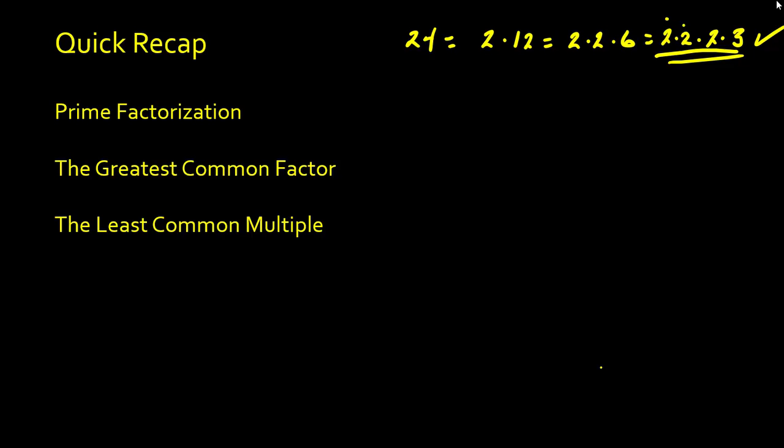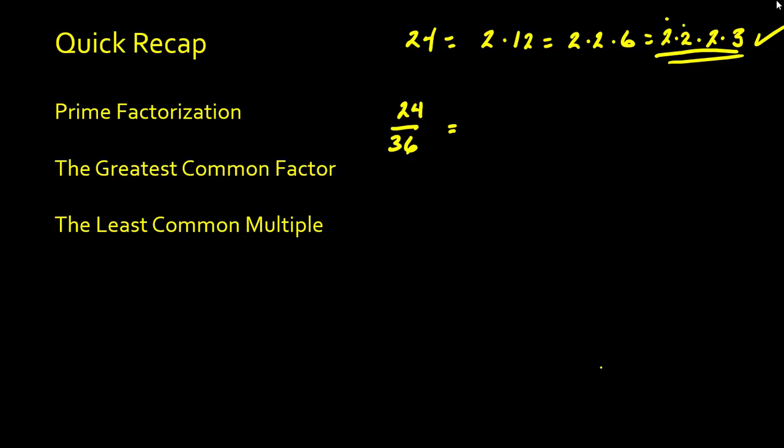We then used prime factorization to get the greatest common factor between two numbers. And let's say that I had 24 and 36. The first thing that I like to do is write them as a ratio like this, and then I'm going to prime factor each one of those.